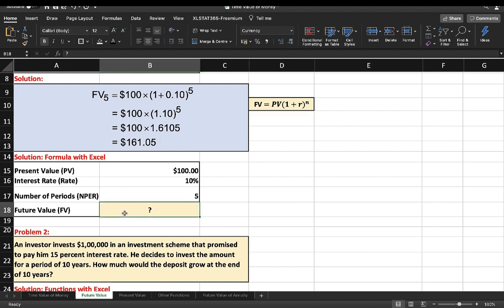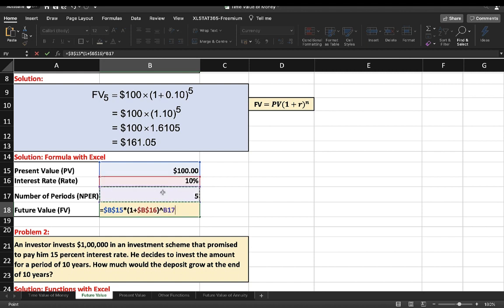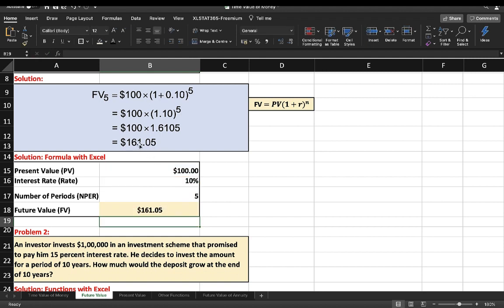To find the future value with the formula, we simply type equal, then take B15 into bracket, then 1 plus R to the power 5. The answer is the same as we calculated manually. Similarly, we have got this answer by applying the formula in our sheet.